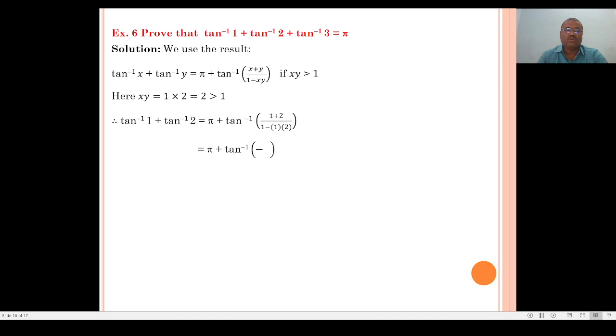So pi plus tan inverse 3 upon minus 1. So we get pi plus tan inverse minus 3, which is pi minus tan inverse 3, as tan inverse minus x equals minus tan inverse x. Now substitute this value. So we get tan inverse 1 plus tan inverse 2 plus tan inverse 3 equals pi.